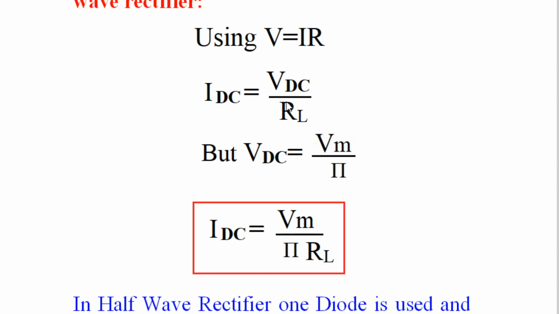Therefore, IDC is equal to Vm divided by pi into RL.